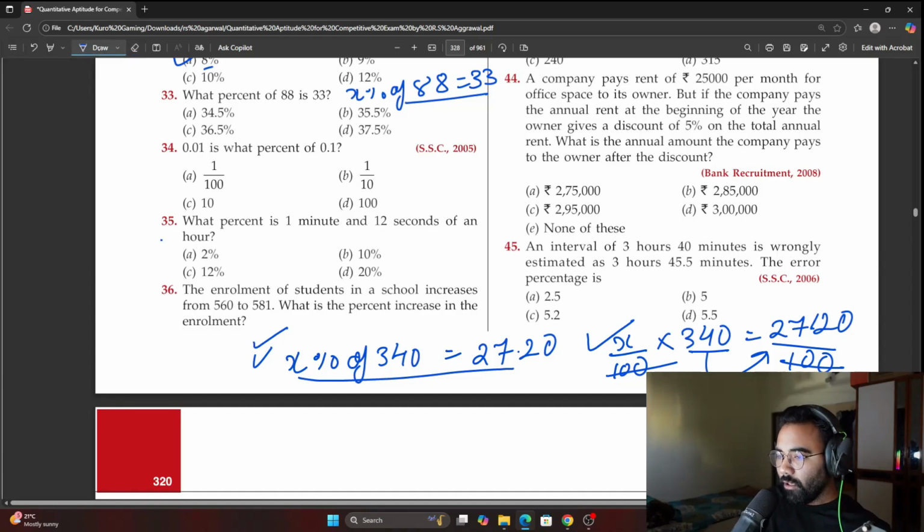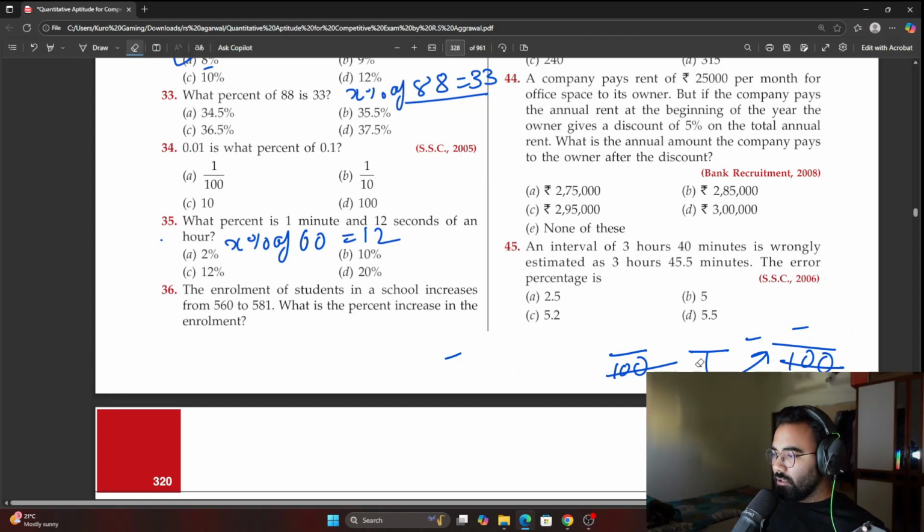Okay, now here essentially what they are asking is x% of 60 is equal to 12. In fact I'll just solve it, just to avoid confusion.